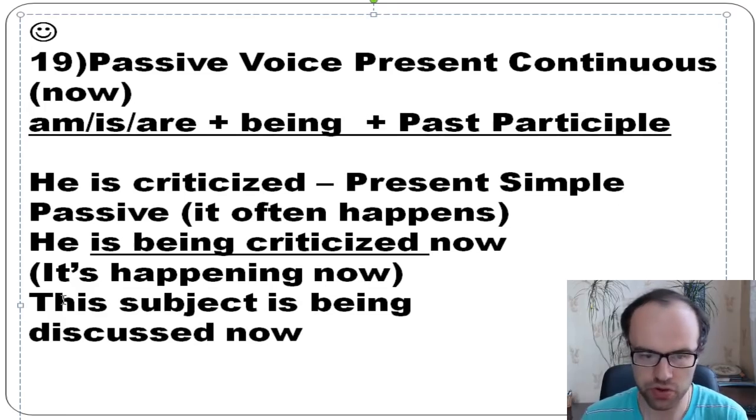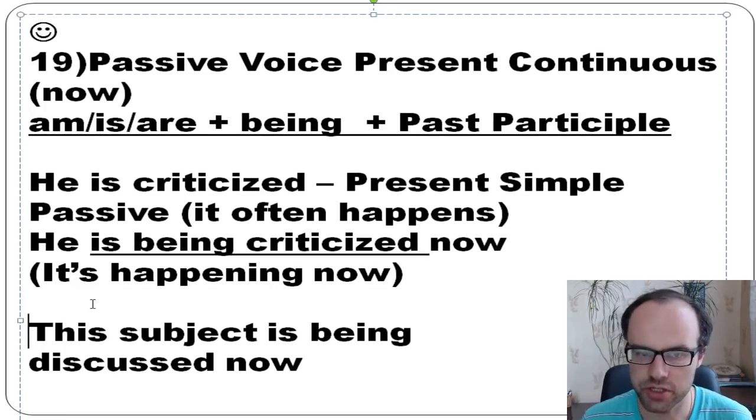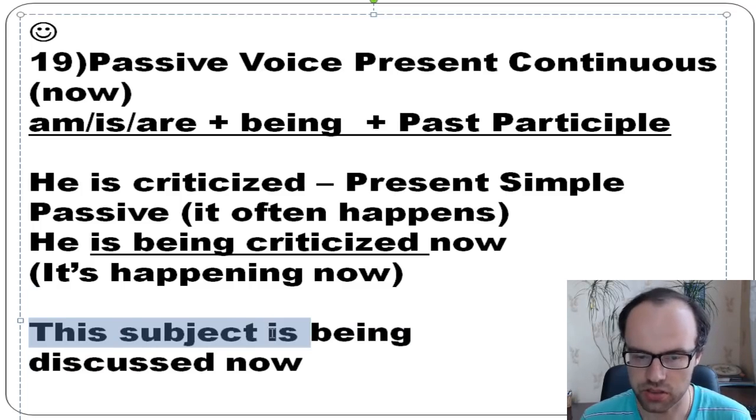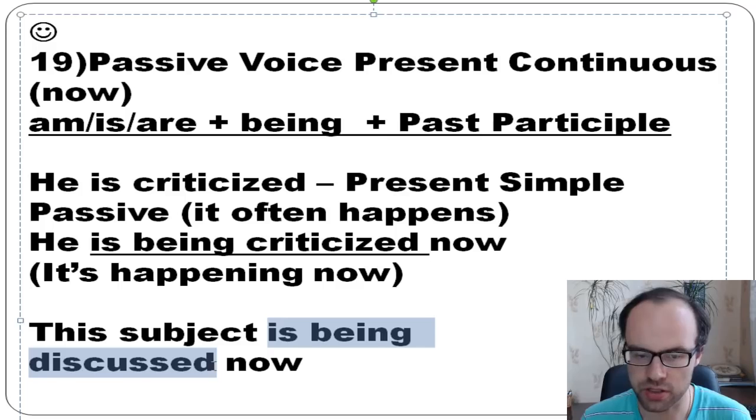Next. One more example. This subject is being discussed now. Okay? This subject means it, so we use is. This subject is being plus past participle discussed. This subject is being discussed now. Good.